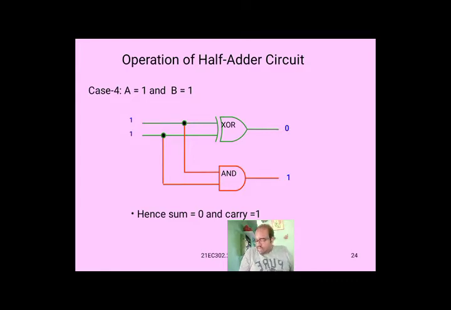The logic symbol for the half adder is also shown in the figure, which accepts two binary digits on its inputs and produces two binary digits on its output, that is a sum bit S and a carry bit C. Notice that the binary operation involved in half adder is the arithmetic addition, not the logical or Boolean algebra addition.